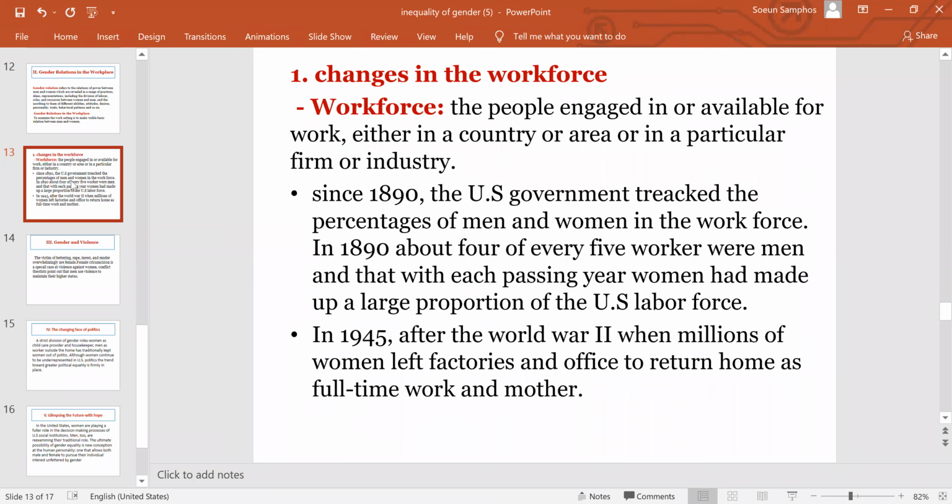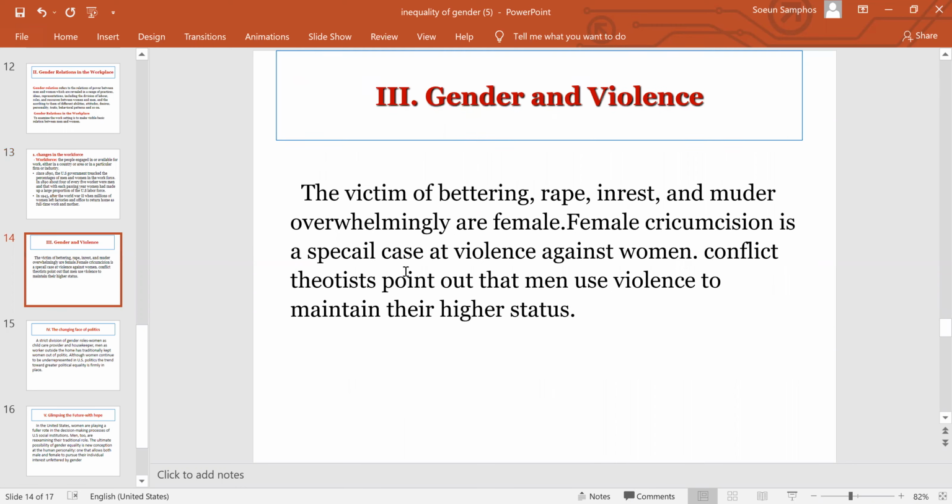In 1945, after the war, 2 million women left factories and offices to return home as full-time wives and mothers. My point is finished.